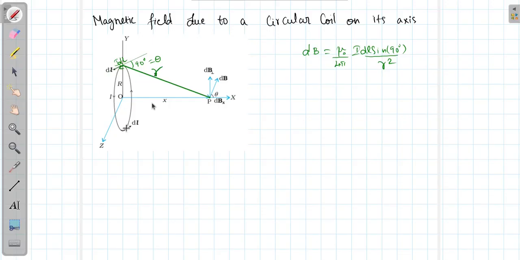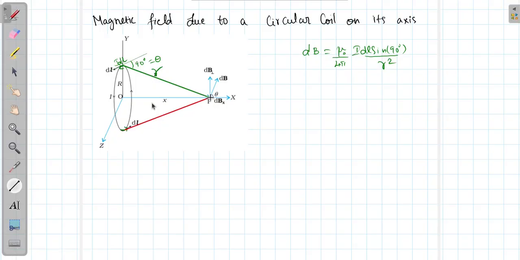That is why we are going to take the exactly opposite element in the diametrically opposite direction. If you take the y-axis as a diameter, at the exact opposite point, the opposite diametrical position, we take another dl. With this dl, we get one more magnetic field at this particular point.